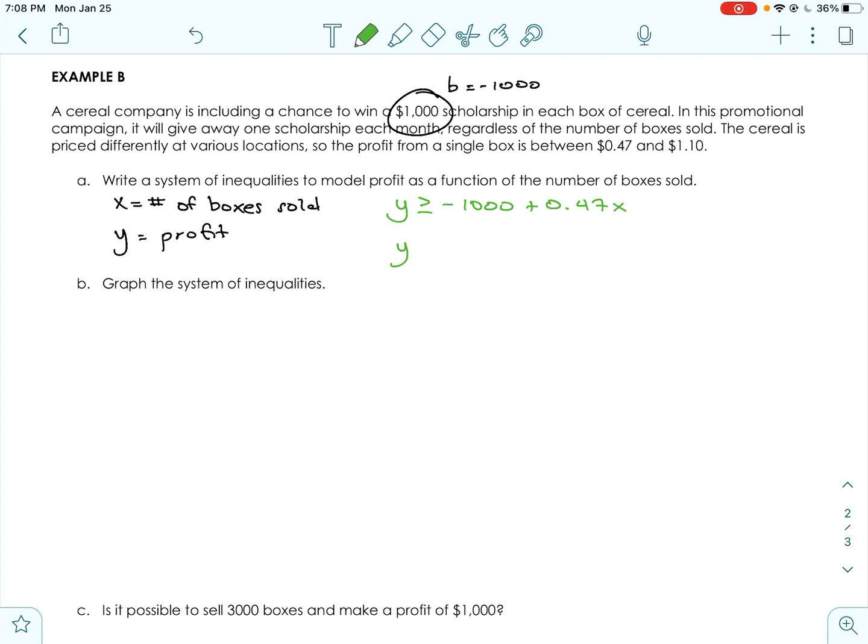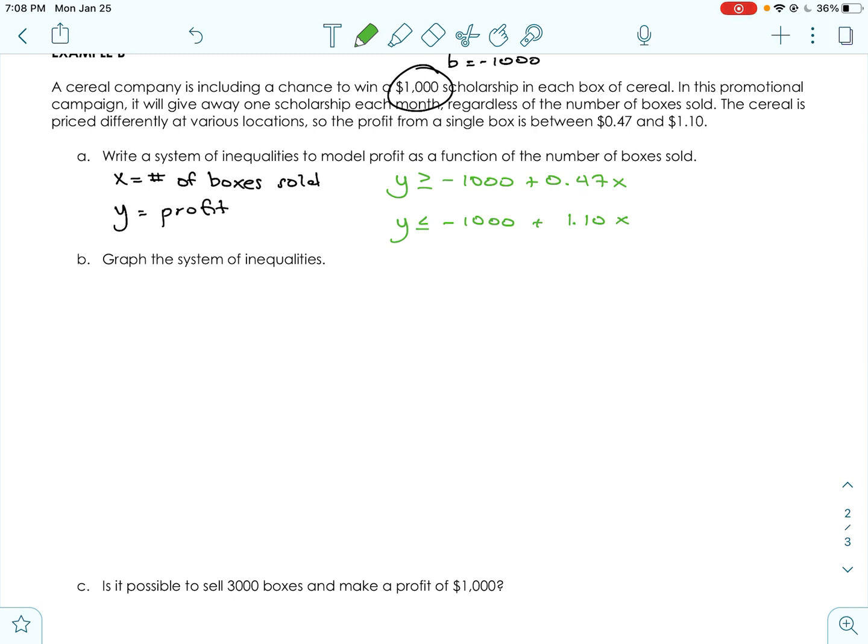Then the second inequality is y is less than or equal to negative 1,000 plus $1.10 times x. Now we're going to graph each of these. Instead of graphing by hand, we're going to use Desmos.